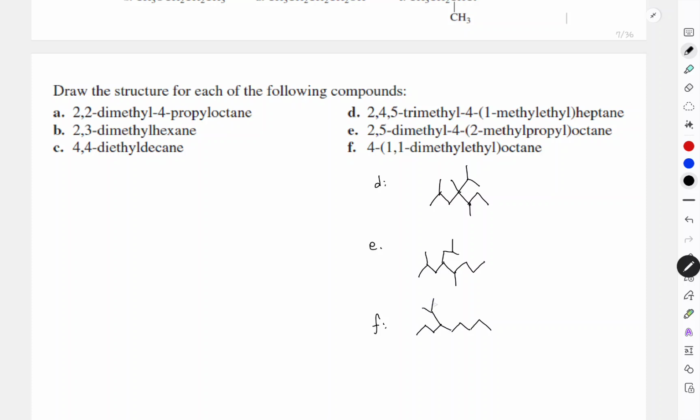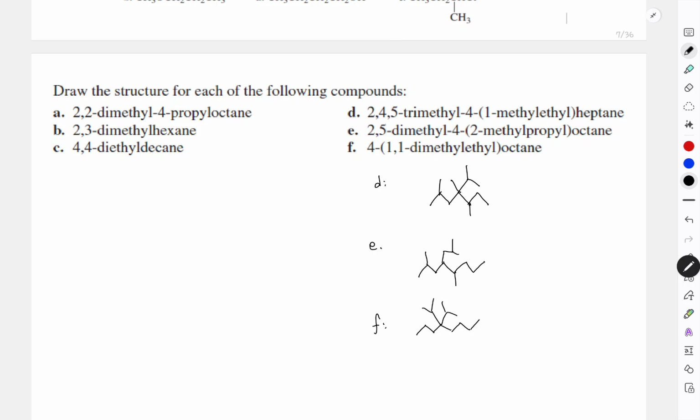What about E? This is the octane. So at the end of the day, the structure for this will contain 8 carbon containing longest possible straight chain. So you can draw 8 carbon, 1, 2, 3, 4, 5, 6, 7, 8. So don't make the mistake and count correctly, just to make sure you have 8 carbon in this case. And then you can identify the substituent.